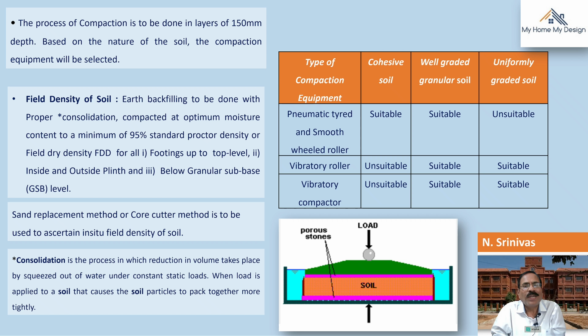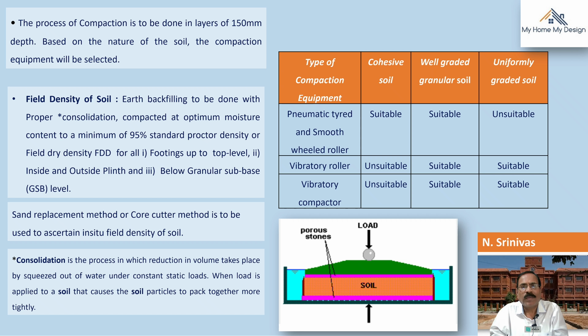Now, field density of soil. Earth backfilling to be done with proper consolidation, compacted at optimum moisture content, to a maximum of 95% proctor density or field dry density FDD, for all footings up to top level, inside and outside plinth, and below granular GSP level, sub-base level.